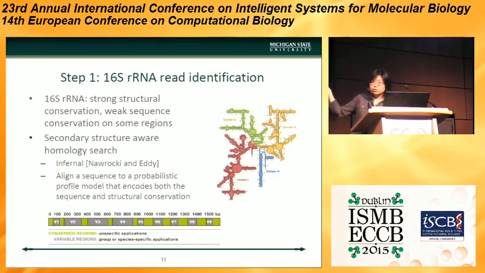This is the secondary structure of 16S ribosome RNA genes. Even when the sequence conservation is low, they could have very high secondary structure conservation. So we use that homology search to align all the reads to this model to recruit the reads that are sequenced from 16S ribosome RNA genes.